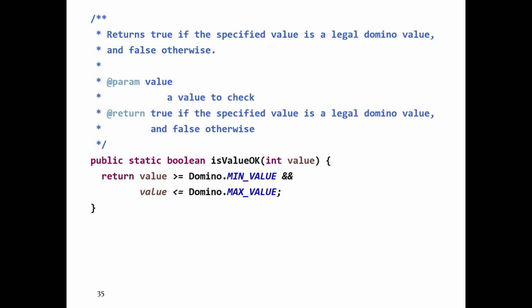You don't need to access either side of a domino to tell the user whether or not the number 3 is a valid domino value. The only fields we're using here are the static fields of the class, so it makes sense to make this a static method. There's no point in having every domino object have its own isValueOK method.